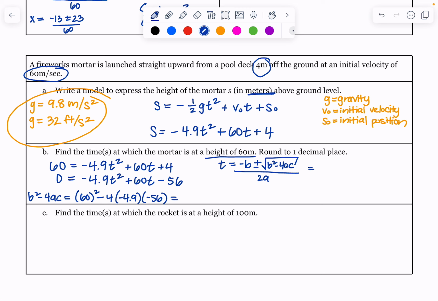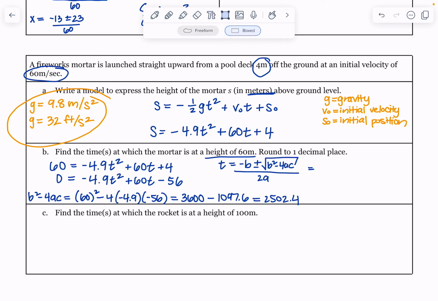So we're going to do this. This is going to be 3600 minus 1097.6, and so that gives us 2502.4.